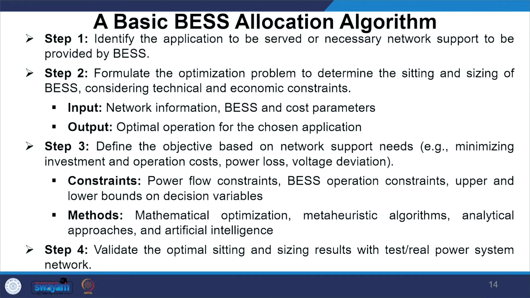And there are different methods available today, probably the classical optimization techniques, that is mathematical optimization, or we can even move to meta-heuristic algorithms as well as some of the AI/ML technologies. The last one, validate the optimal siting and sizing results with tested real power system networks. So once you get those solutions, you go to the real system, place them and see whether it is performing as you desired before starting the simulation.